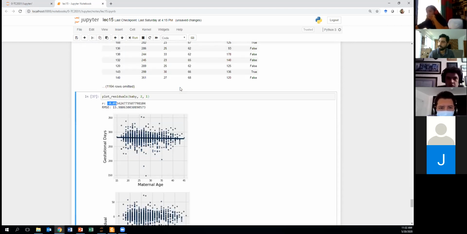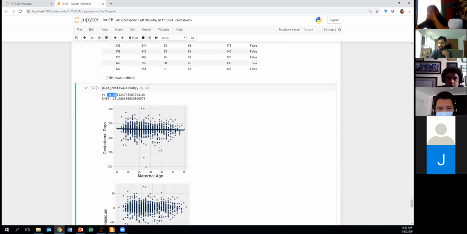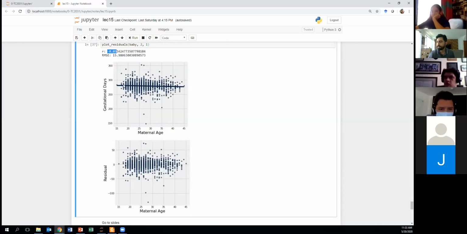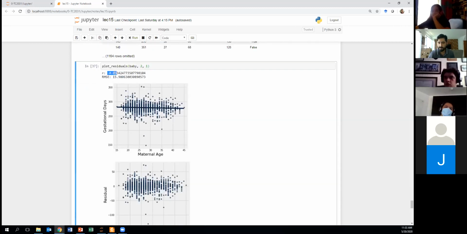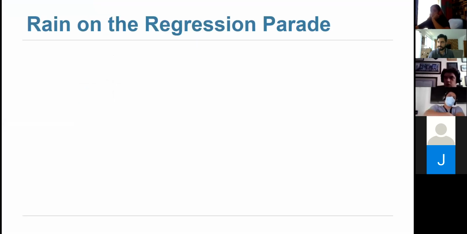So based on this, you might say, okay, my R is not zero, so there should be a slight... Carol, you have a question? No, sorry. Okay, no worries. This is the slope I'm seeing. It's a small slope.